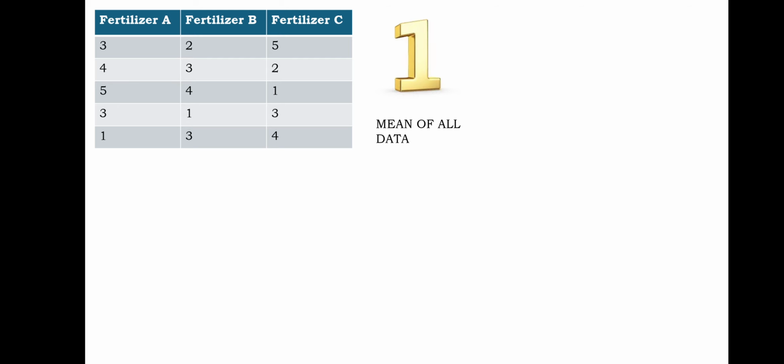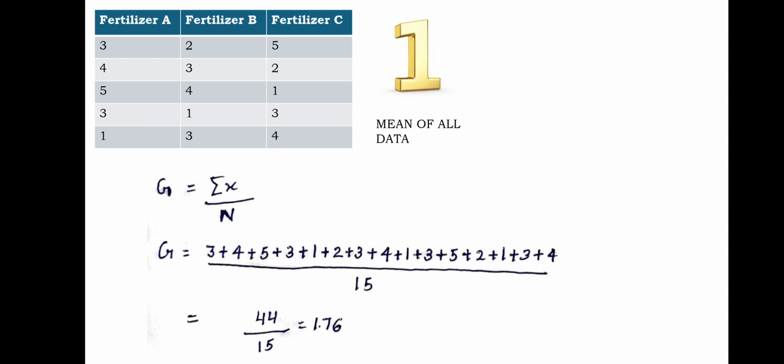So the first step to solve a one-way ANOVA test or F-test is to find the mean of all data. Here G stands for the mean of all data, and X stands for the values of plant 1, plant 2, plant 3, up to plant 15.